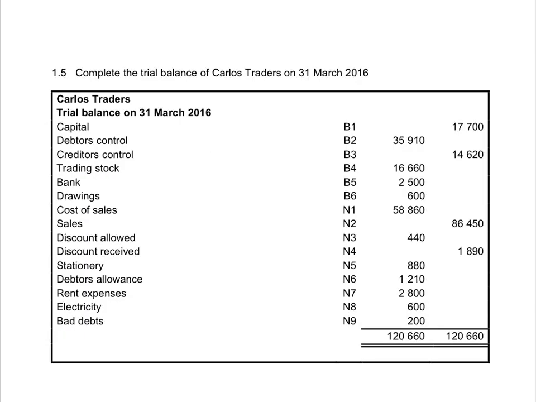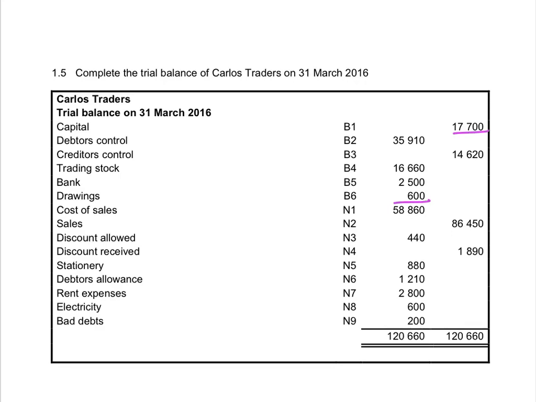So that means in the trial balance, we will write down all the different ledger accounts that we have. Capital has a credit balance. Drawings will always have a debit balance. So if those are not on the right side, it means that you made a mistake somewhere.